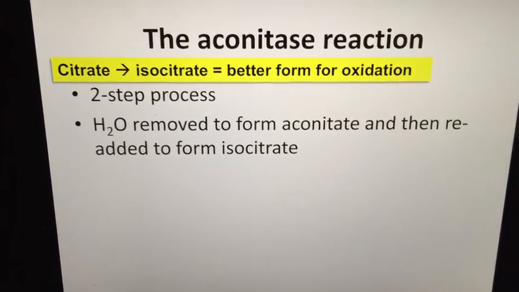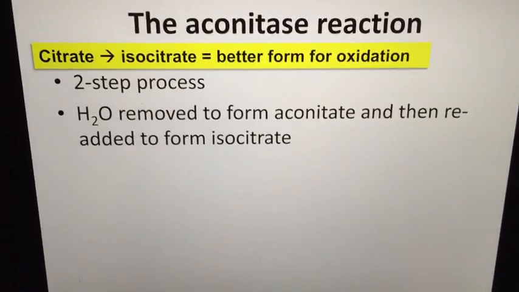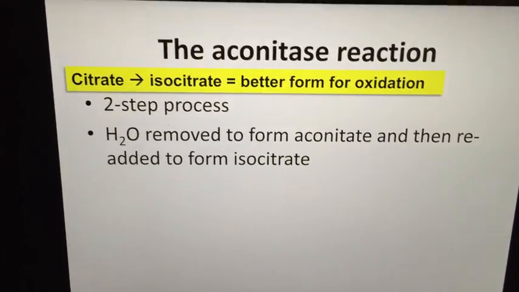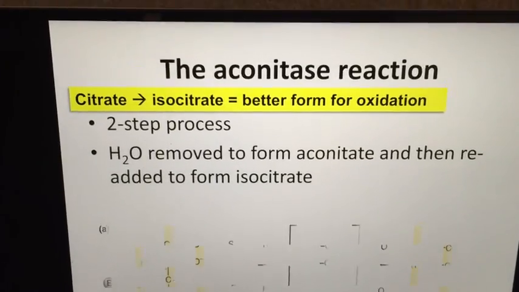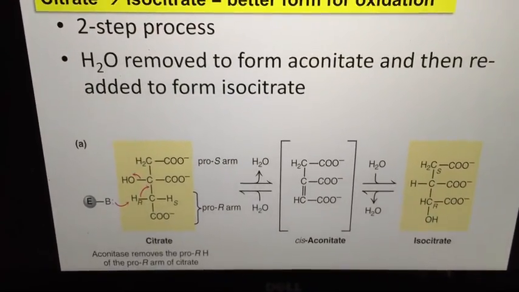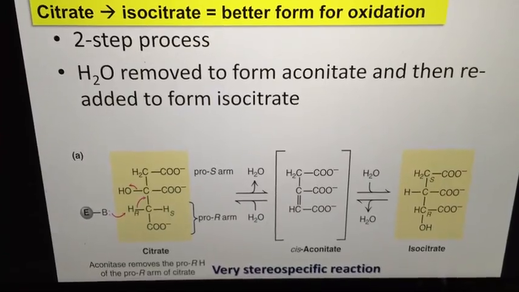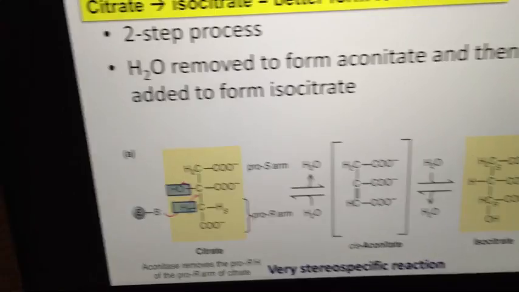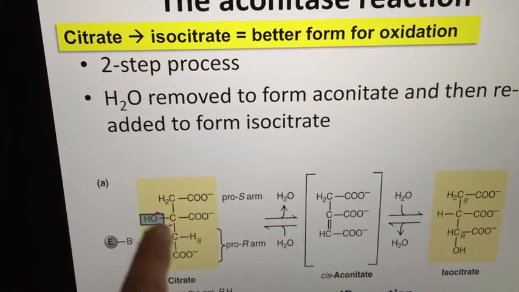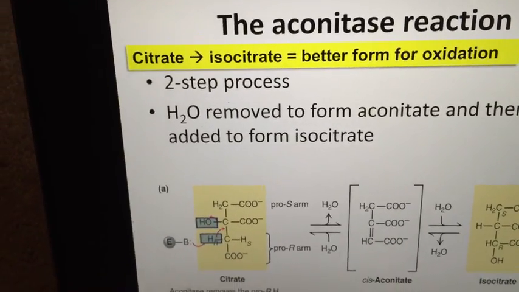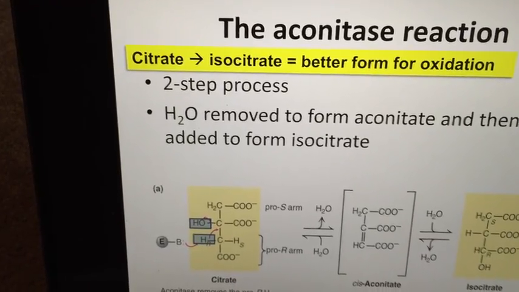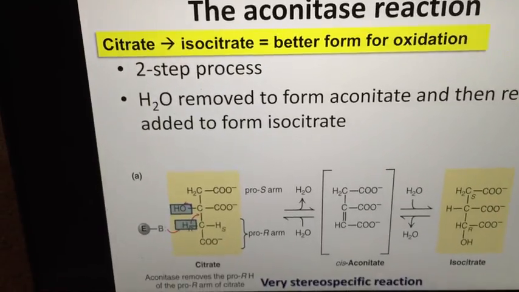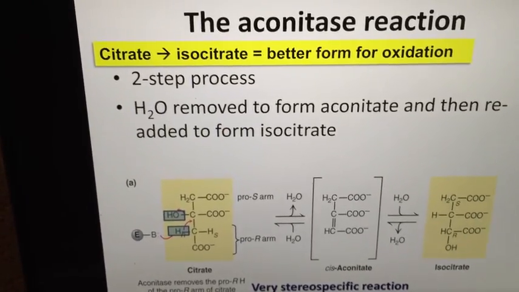This isomerization process is a two-step process, where water is first removed and then water is re-added. So it goes from citrate to aconitate to isocitrate. In a very stereospecific reaction, we are looking at this very specific pro-R hydrogen on the pro-R arm of citrate, and if you remember your chemistry, you'll know what pro-R means, is removed.